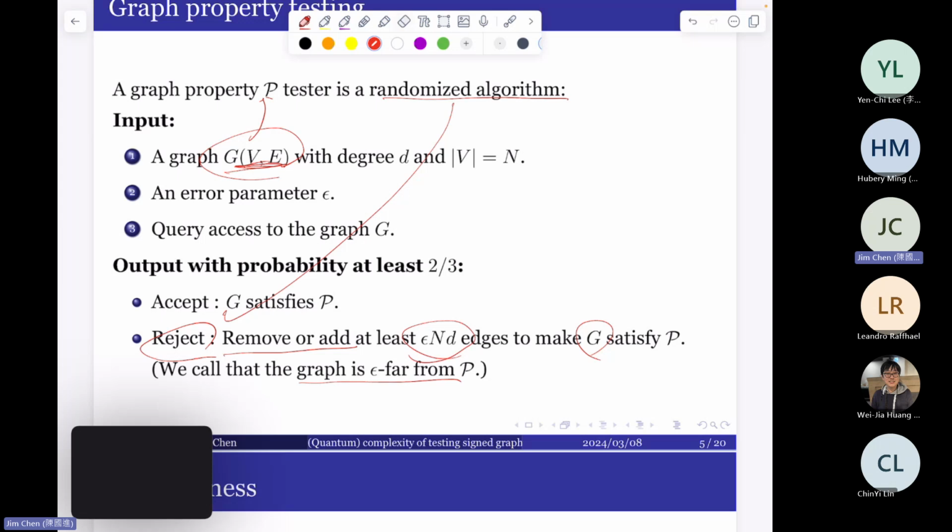So it is a yes or no question. We are given a graph, and we have to test whether the given graph satisfies a property or is far from this property.